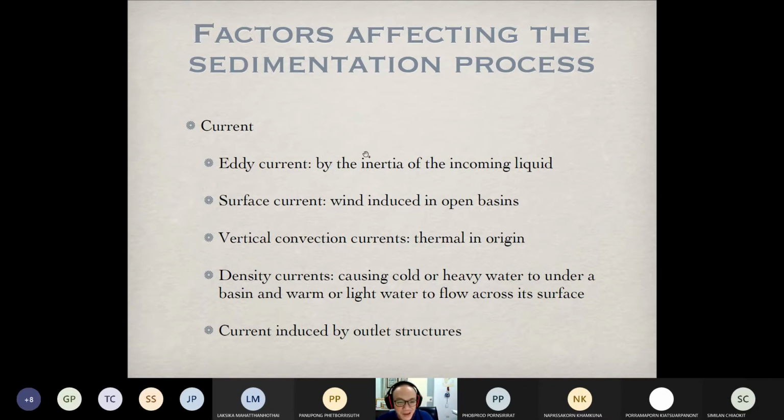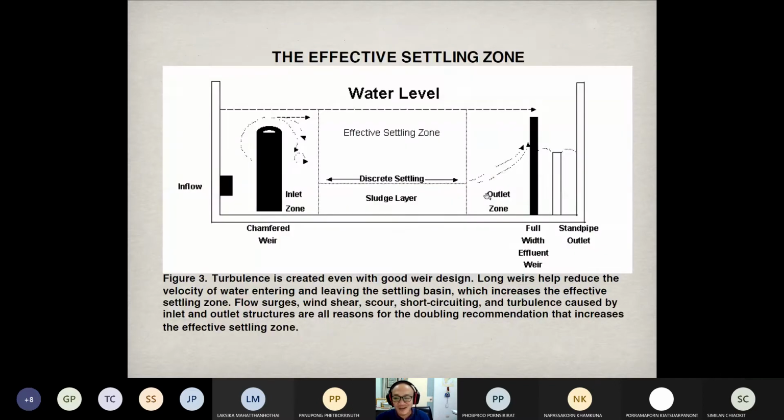The one you may be familiar with is the inlet and outlet induced current. Water is overflowing, and once it overflows, some kind of movement in this chamber usually occurs, and it tends to move up. So this is a current induced by the inlet and the outlet. Effective settling zones should not be disturbed by the currents that may occur.